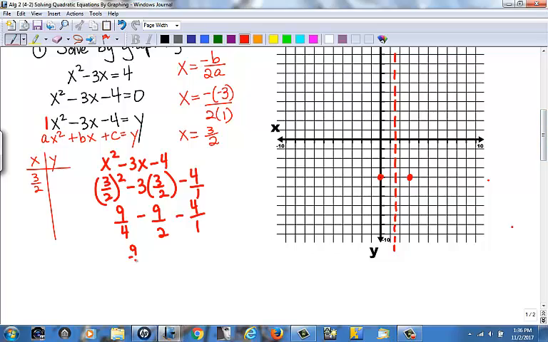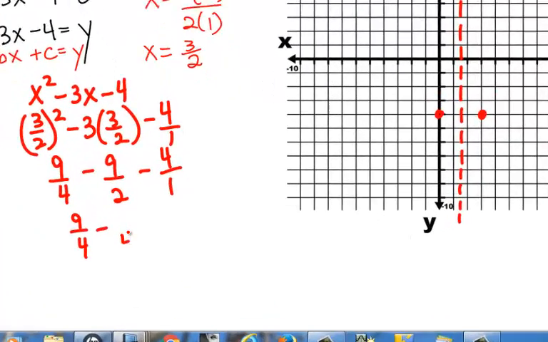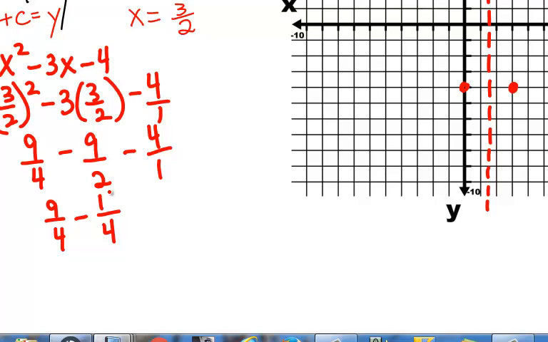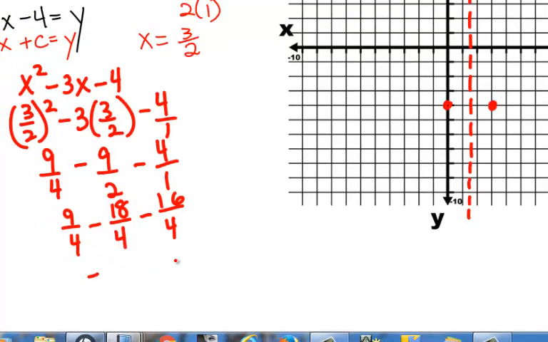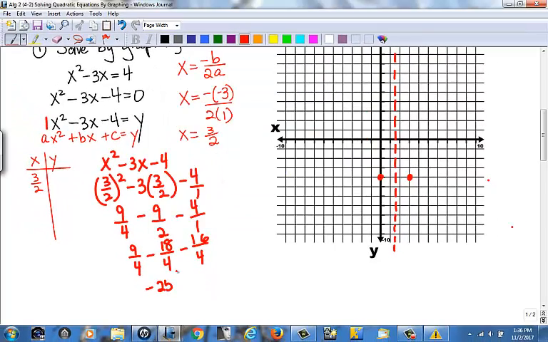I get 9/4 minus, common denominator, 18/4 minus 16/4. Agree with that? And that would be negative 9 and negative 16, you get negative 25/4. Yep, so that's a negative 6 1/4.